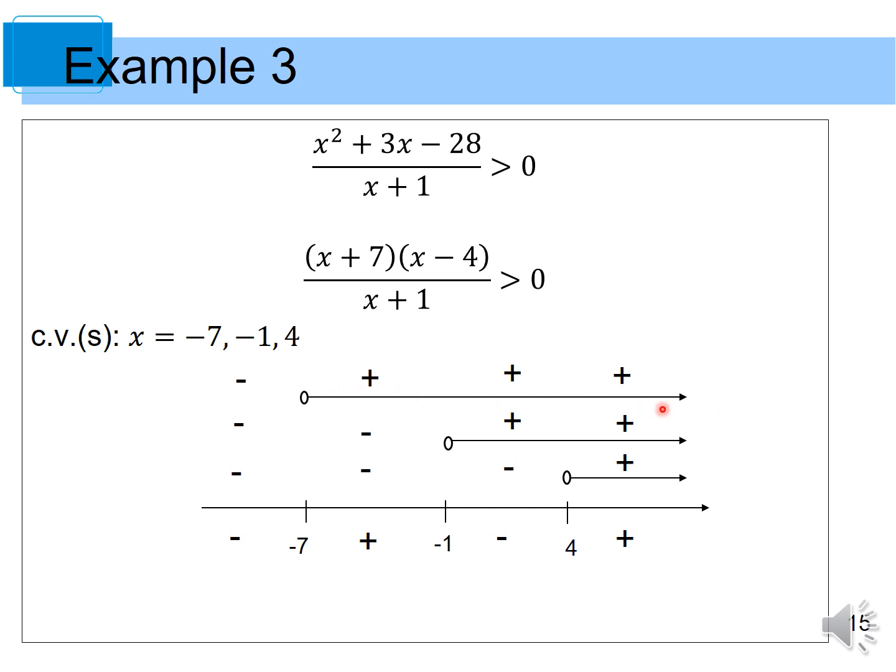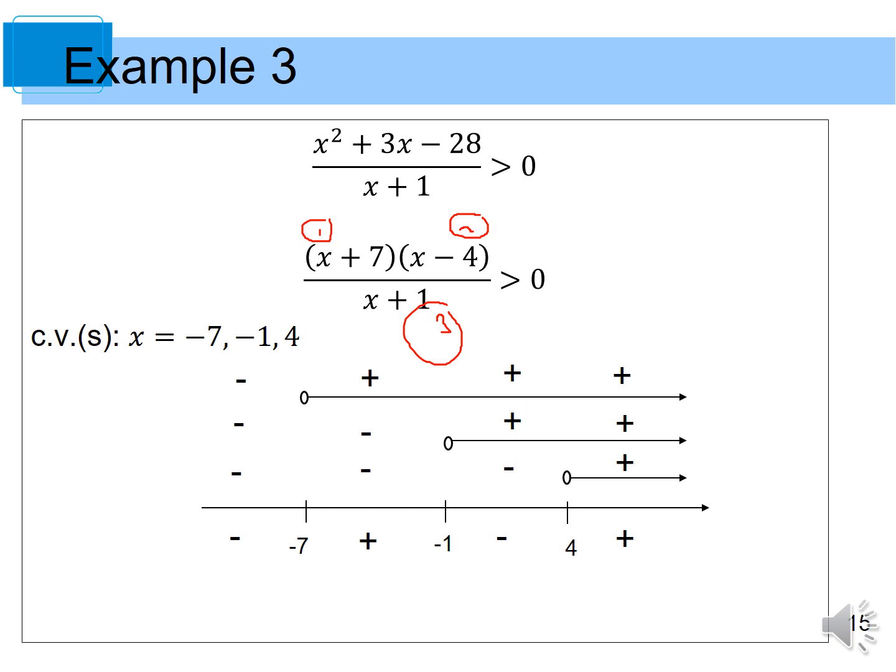And above the line, we fill in positive, and the rest we fill in negative. And we follow this rational function. The first factor, look at the -7. The first line represents the first factor. And -1 represents the third factor, x plus 1, and we say x minus 4 is the second factor.